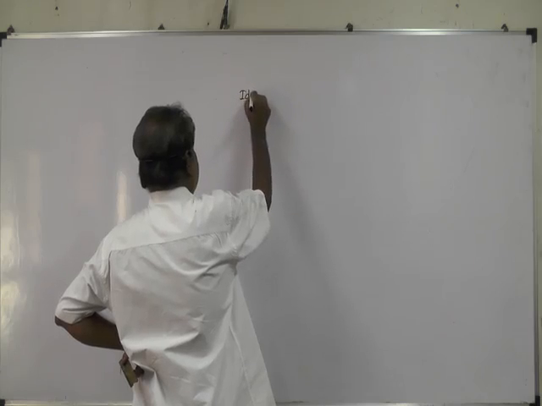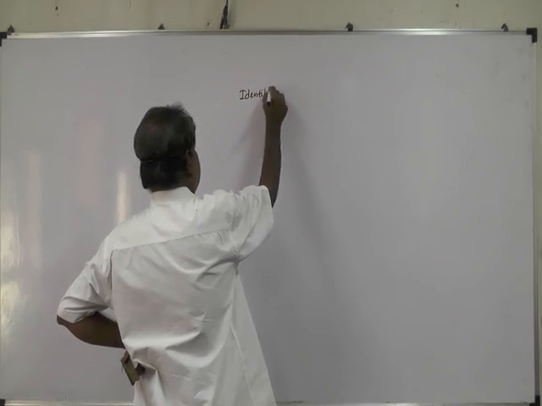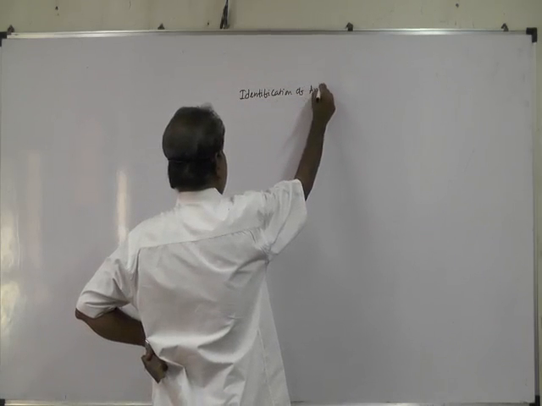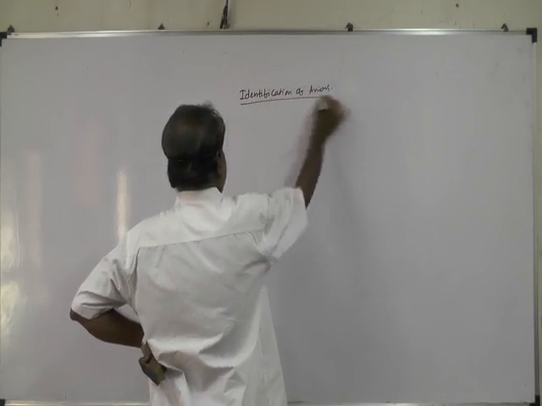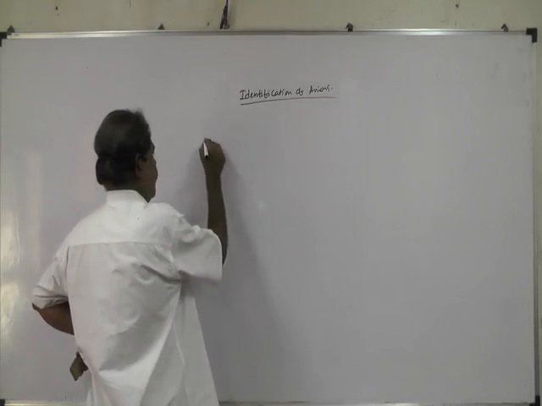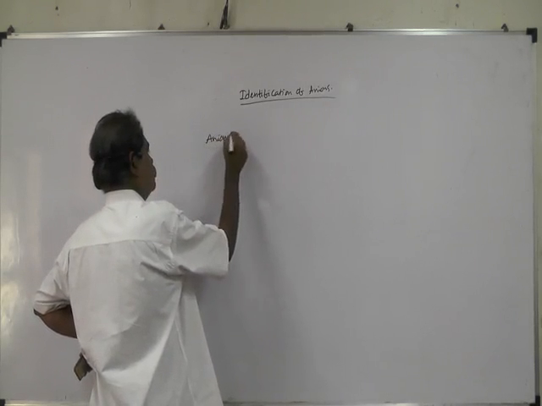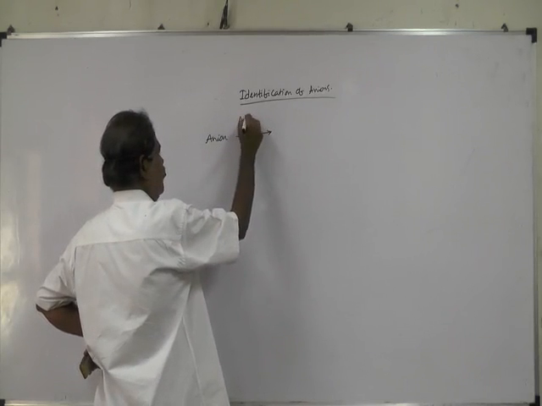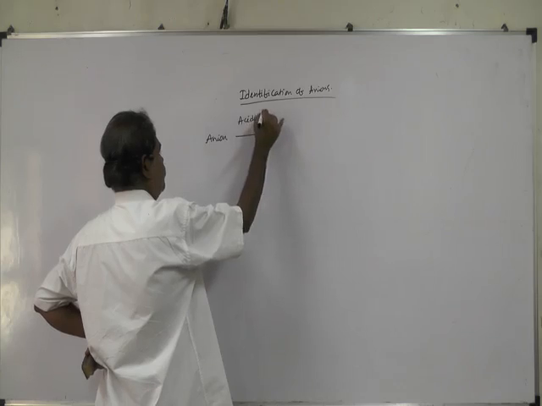Identification of anions. What is the procedure? Anion, acidification with suitable acid.